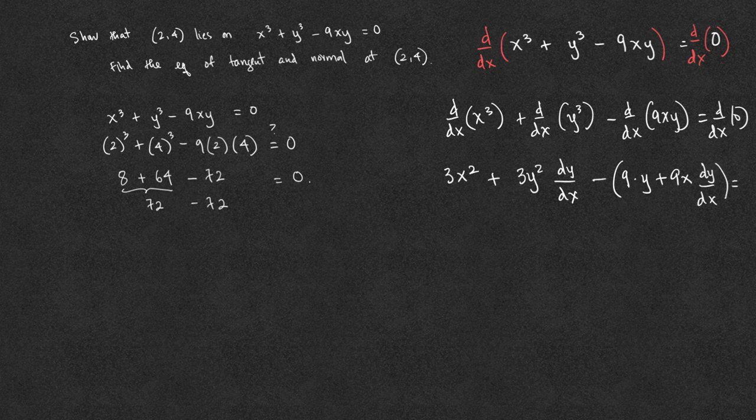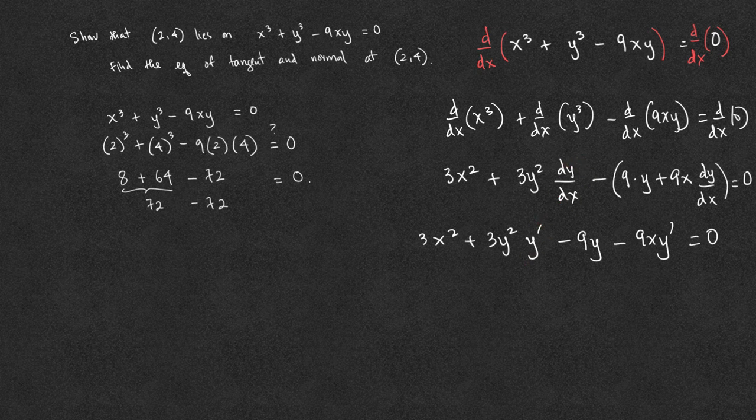On the right hand side, the derivative of 0 is 0. And so we have 3x squared plus 3y squared y prime minus 9y minus 9xy prime equals 0. We can leave this as dy/dx, but dy/dx is y prime.